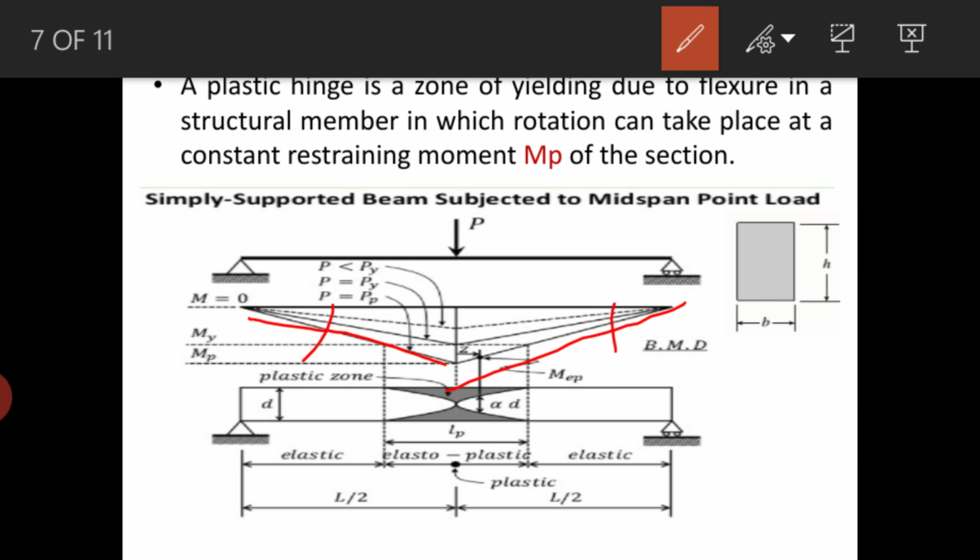moment. Then a structure can support the computed ultimate load due to the formation of plastic hinges at certain critical sections. Then the member remains elastic until the moment reaches the value of plastic moment. So any additional moment will cause the beam to rotate with a little increase in stress, and the rotation occurs at a constant moment, that is Mp.